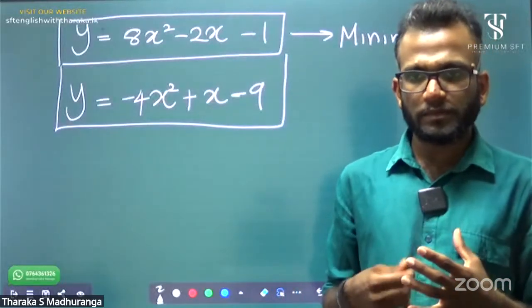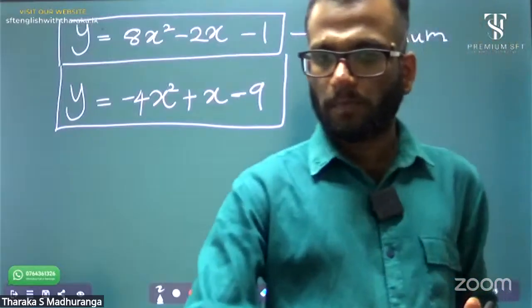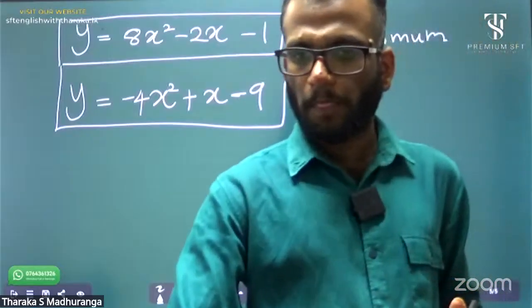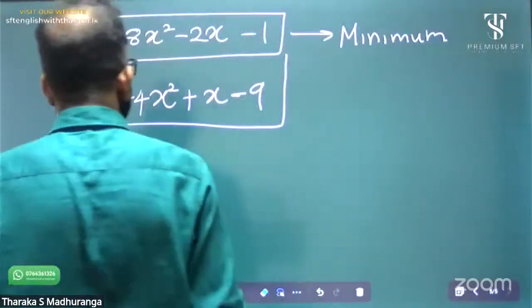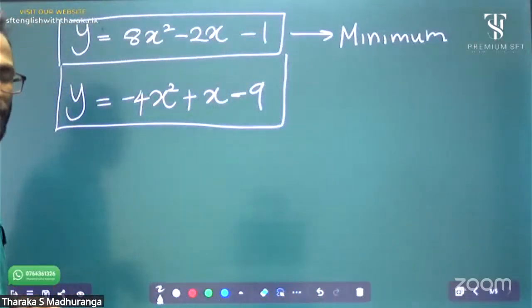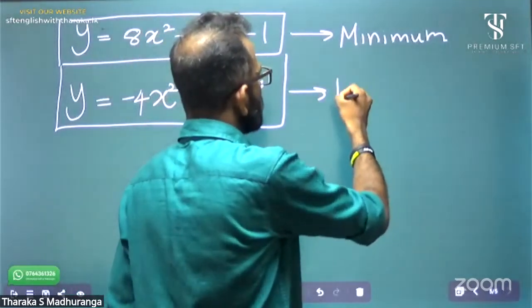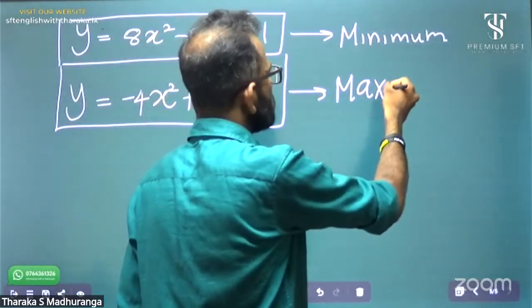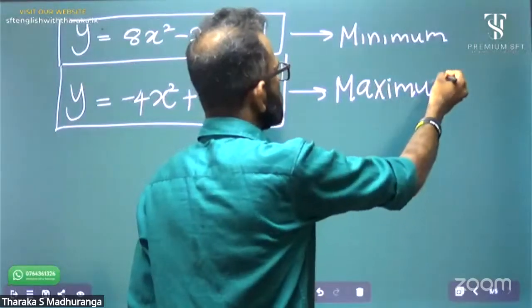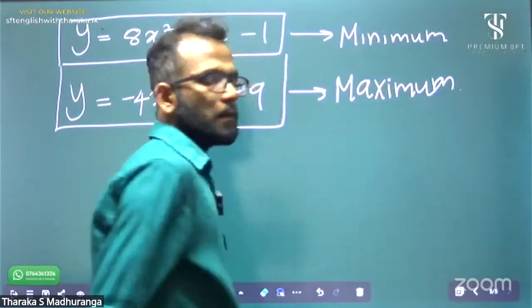Khabir? Definitely maximum. Why? The A value is minus 4. A value is minus 4, therefore it is maximum.